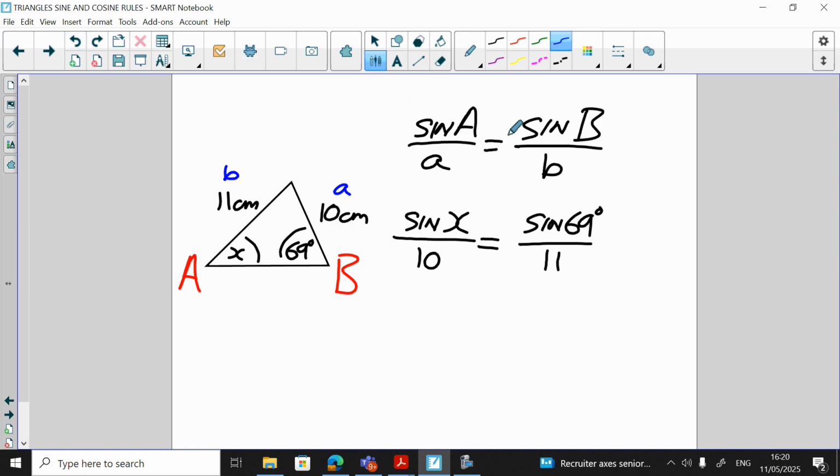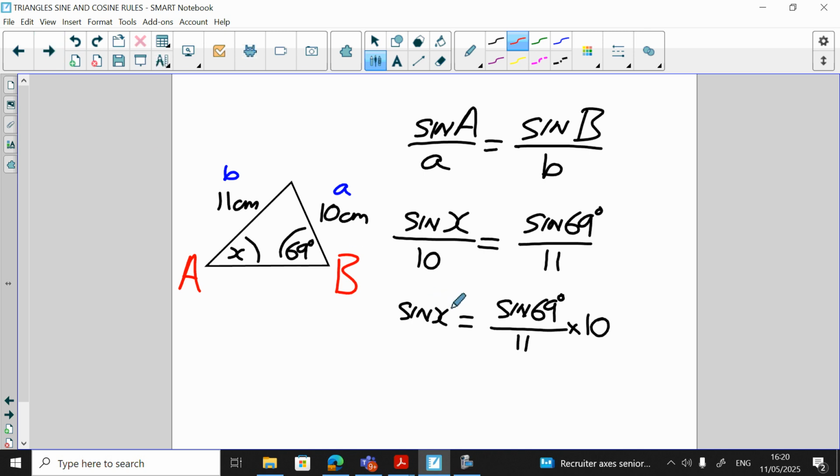Let's just get sine X on its own by getting rid of that 10 here. So that just goes up to multiply.